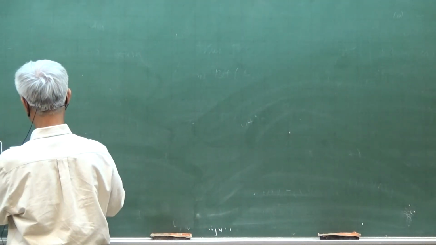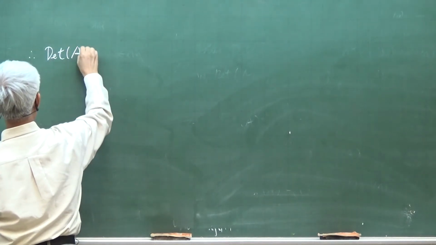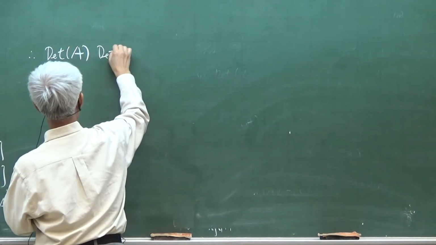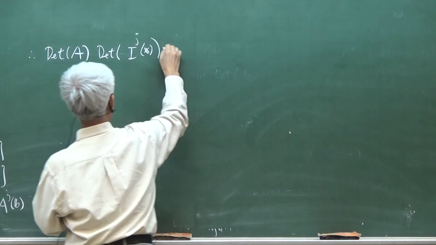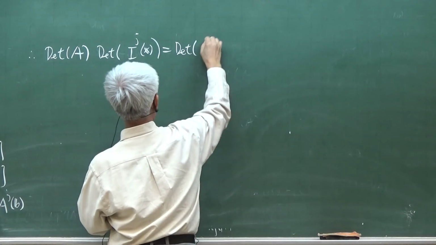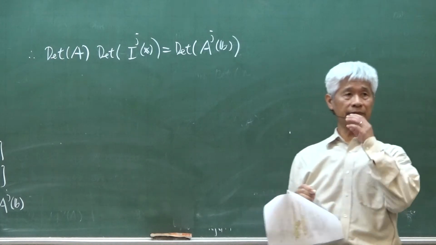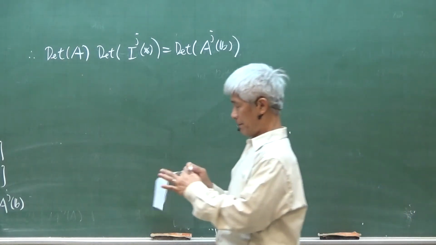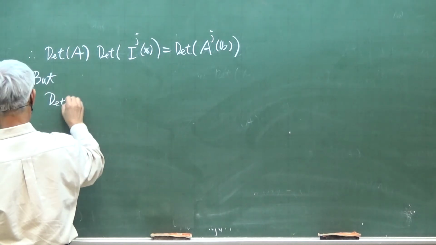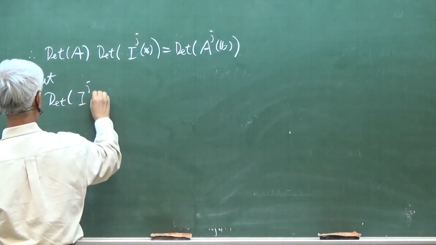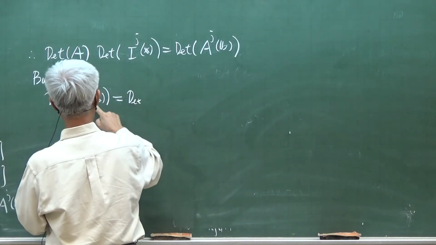So by the product formula, the determinant of A times the determinant of I_j(x) equals the determinant of A_j(b). So we have the relationship here. But the determinant of I_j(x), what is that? What is this matrix?